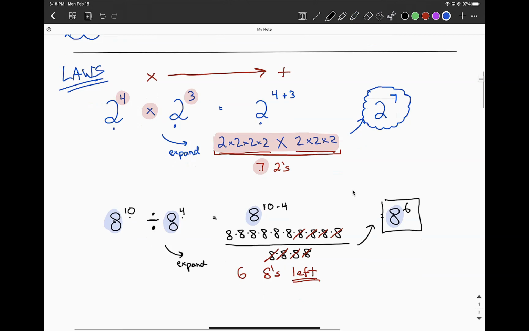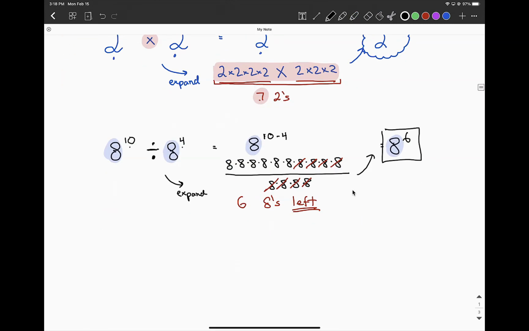Lastly, another really critical law here. Let's say I have 5 cubed. Now, what this means is if I expand, here's 5 cubed, and cubing that means that you have to multiply that by itself 3 times and total them up.